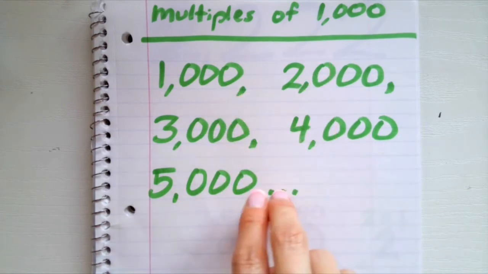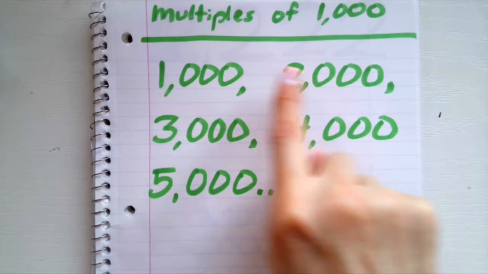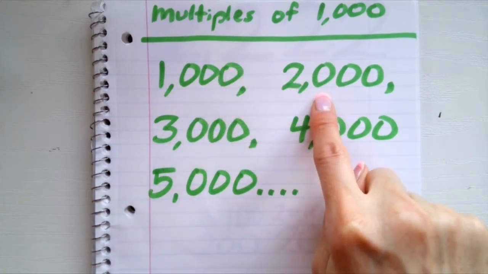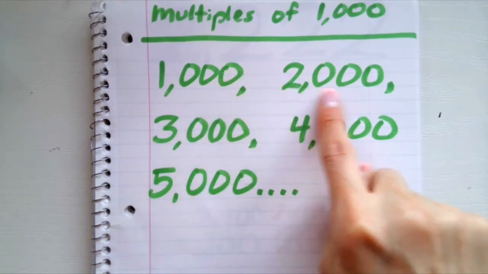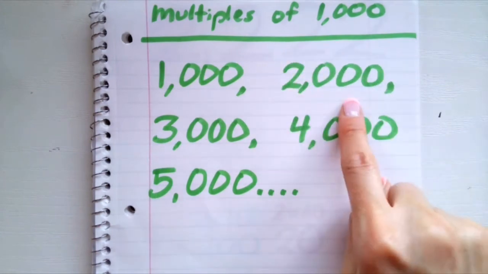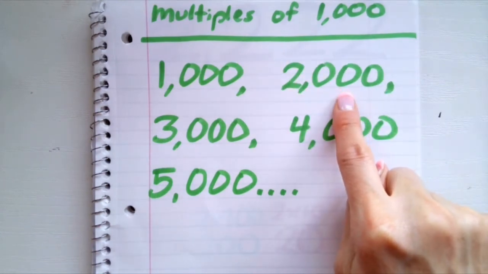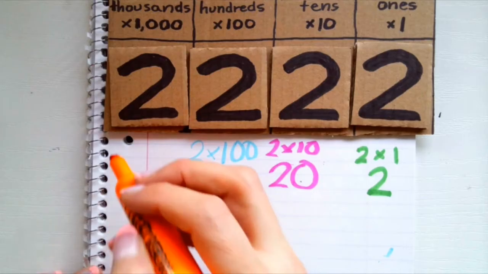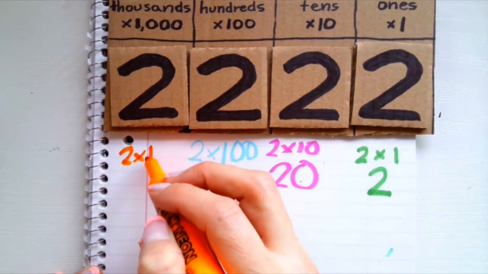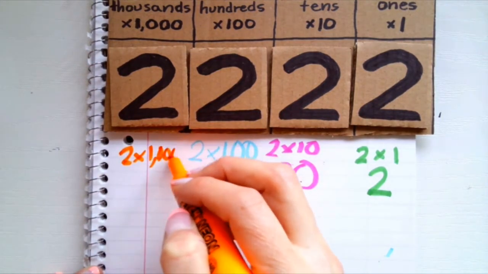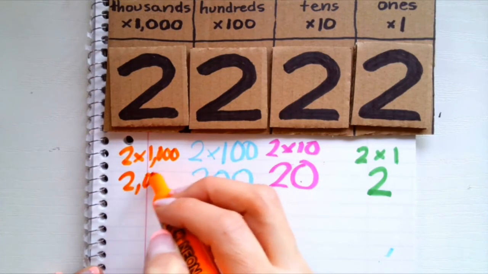There are 2 thousands. So we skip count twice. 1,000, 2,000. 2 times 1,000 is 2,000. Let's write this down. 2 times 1,000 is 2,000.